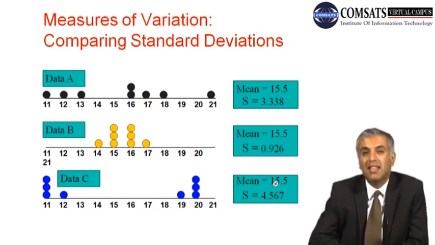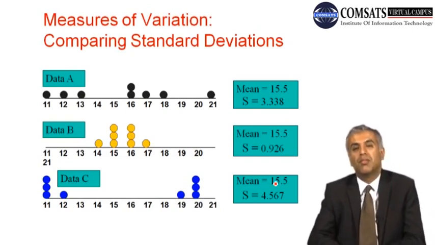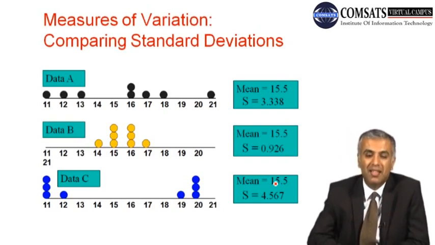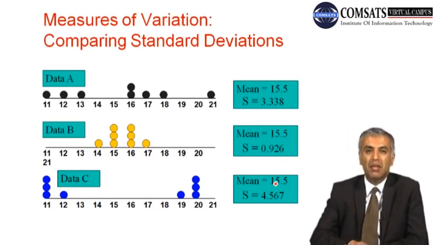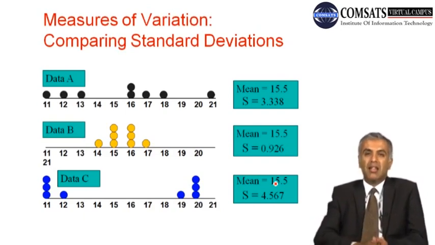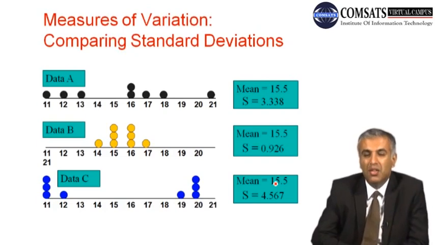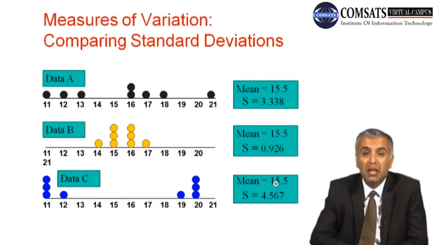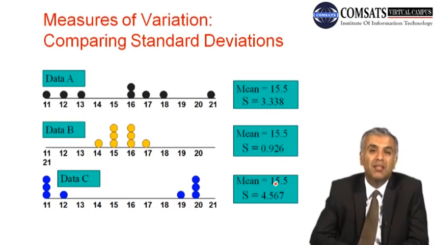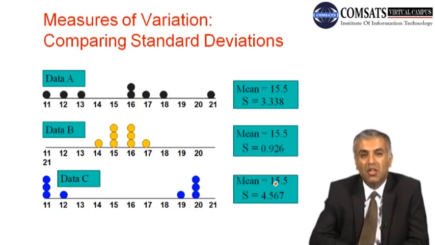And in case of data C, it is evident that the farther the values are from the mean, the higher the standard deviation. So this is one additional advantage of standard deviation: we can get additional characteristics of a data set through standard deviation, though they may have the same central tendency measures. Like here, you can see that the mean is the same, but the standard deviation of all three data sets is quite different.